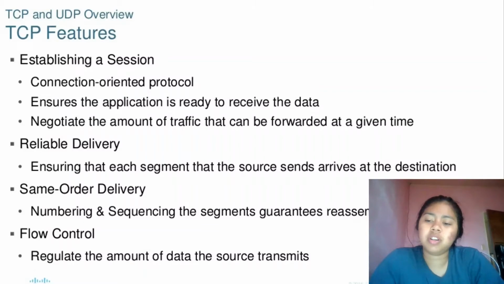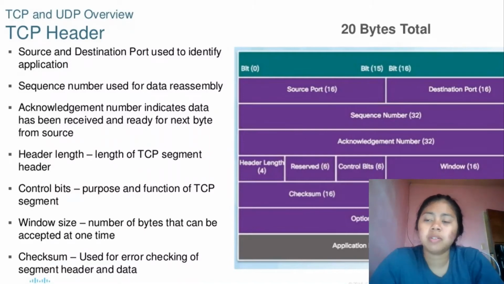Same-order delivery: numbering and sequencing the segments guarantees reassembly into proper order. Flow control regulates the amount of data the source transmits.